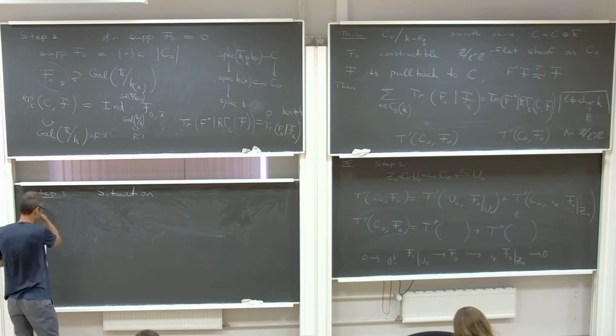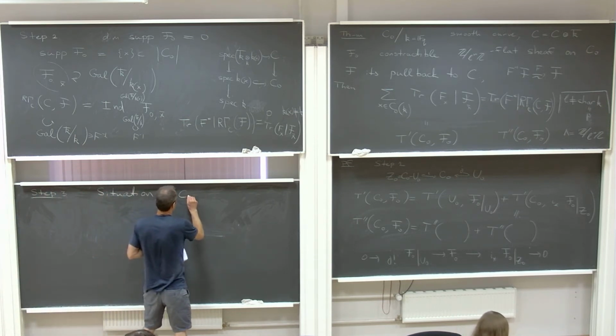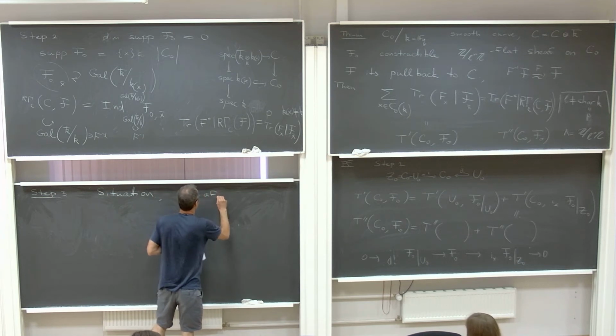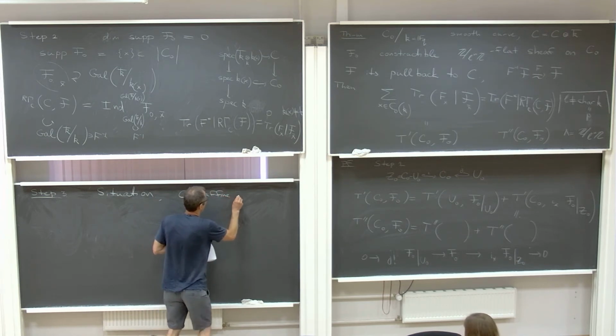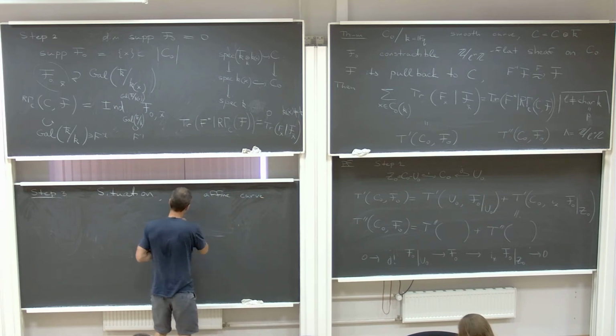So we have C0, which is affine. I may assume that it's a smooth affine curve.